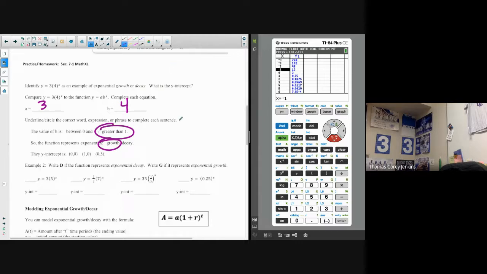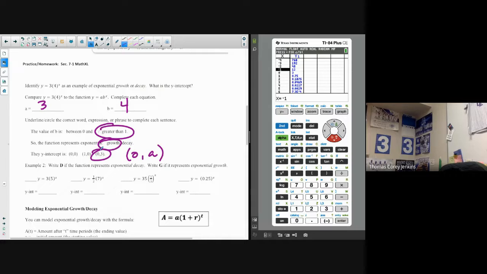All right. And then the y-intercept is, and then they give us basically a multiple choice. So your y-intercept is in the form 0, a. All right. So since a is 3, our y-intercept is 0, 3.